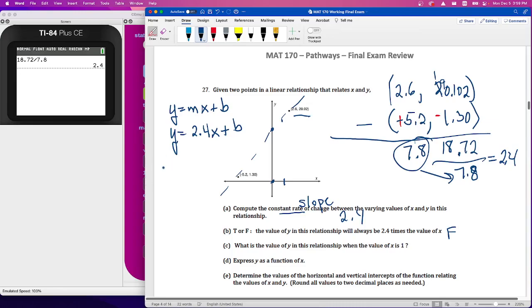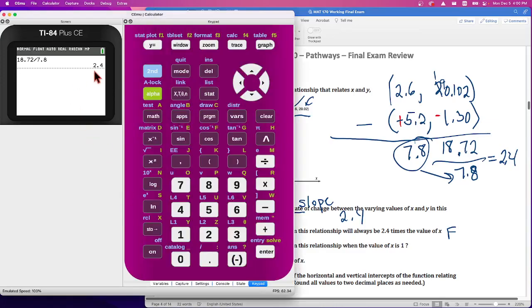So to find what b is, y is 20.02 equals 2.4 times x. X is 2.6, plus b. 2.4 times 2.6. I'll just hit times, so it's taking the answer, 2.4 times 2.6. It's going to be 6.24.